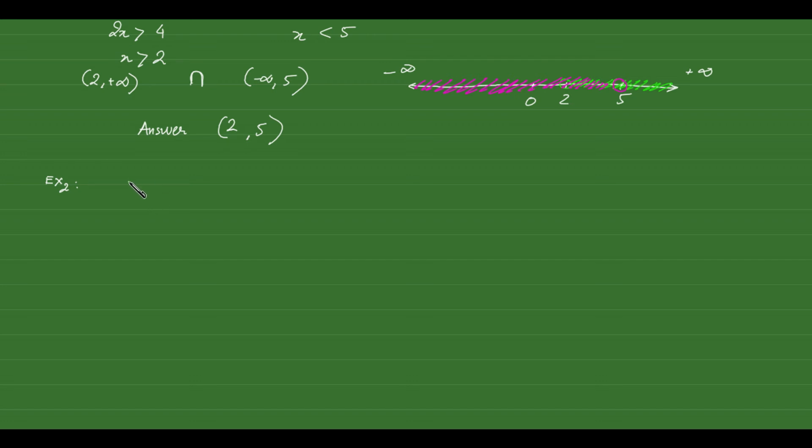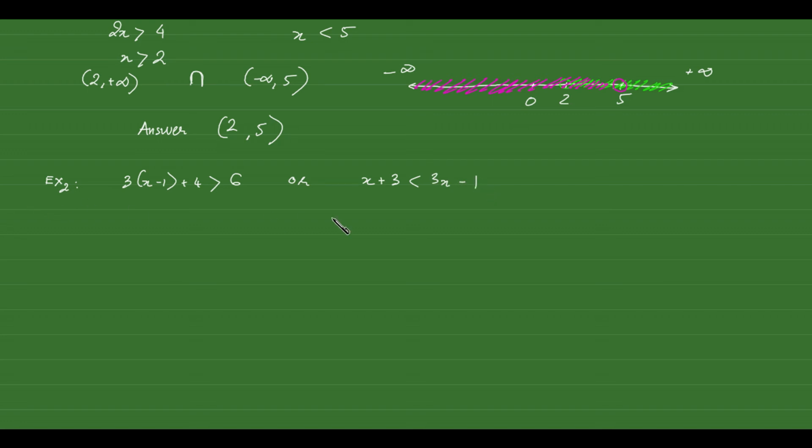I have 3x minus 1 plus 4 greater than 6, union with, or, x plus 3 less than 3x minus 1, for example.